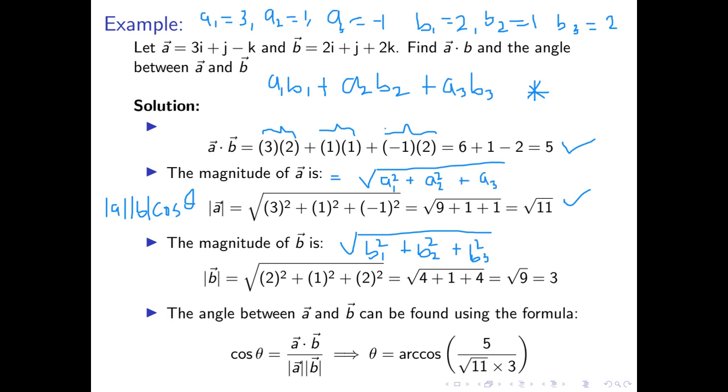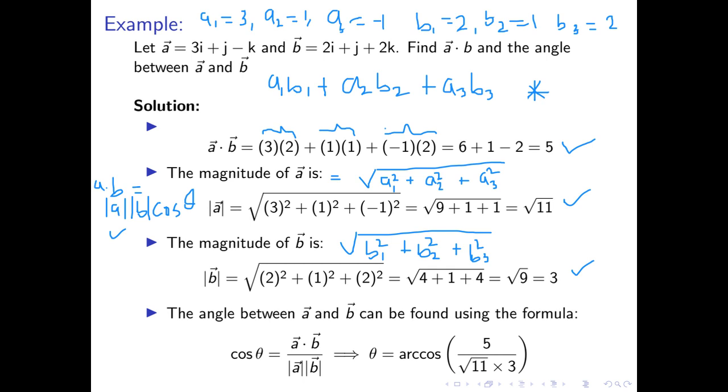Okay, I hope you understand this. Now that you have been able to substitute the values, you've obtained the magnitude of A and the magnitude of B. Now we want to use our answers to solve for the angle between vectors A and B. Initially the formula is A dot B equal to magnitude of A times magnitude of B cos theta.